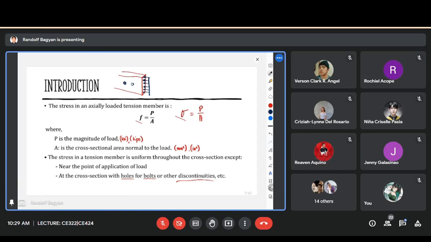Okay, kasi nga, bakit ganito? Dito, for example, dito may butas. Nagiging ganito siya.